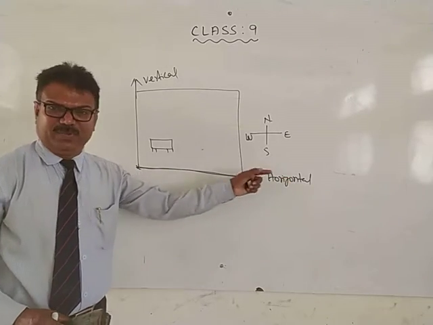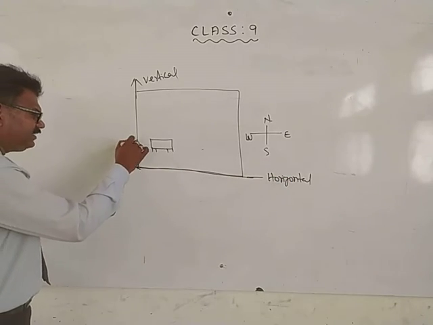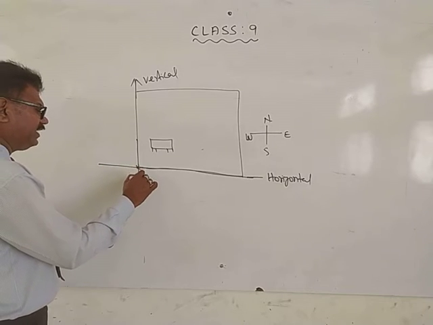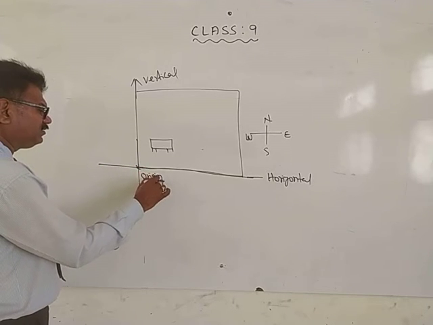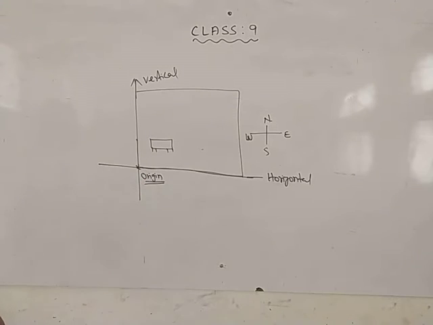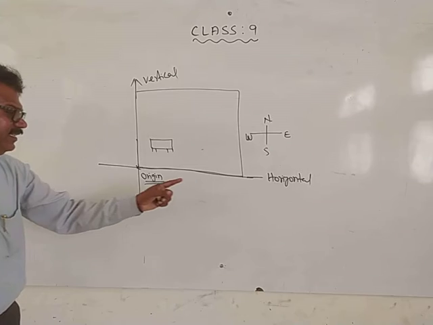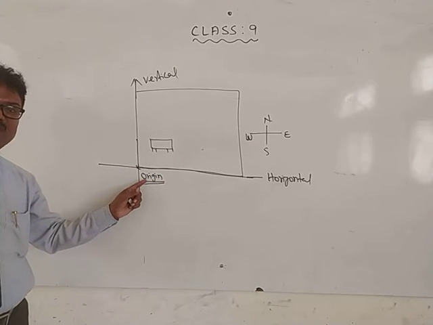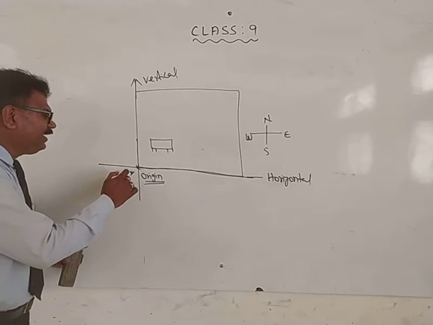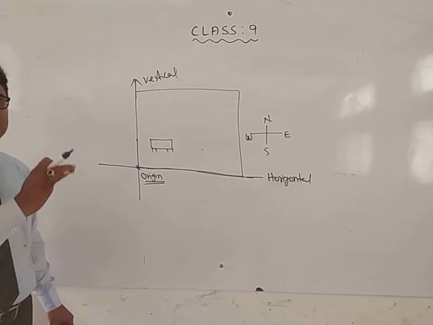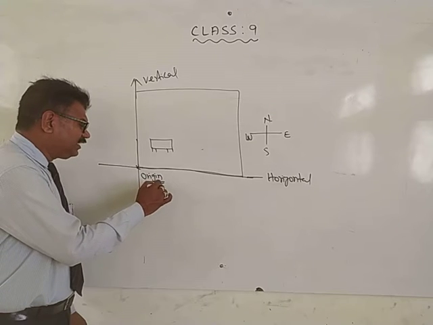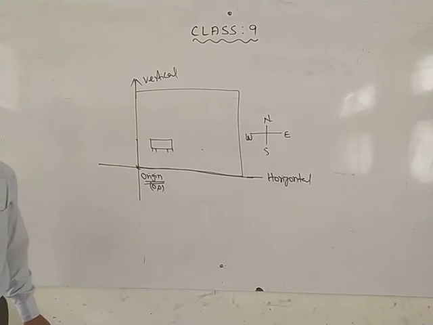Horizontal means sleeping. Where the vertical line and horizontal line intersect at one point, that point is known as origin. Origin means it is nothing but the neutral point. Neutral point means we are starting from this point only.